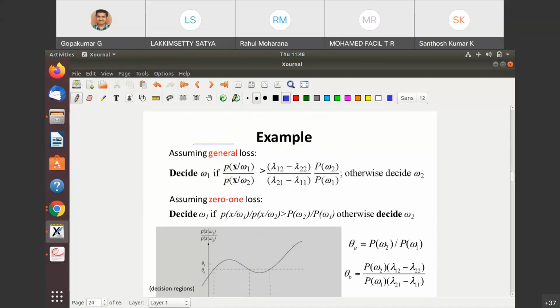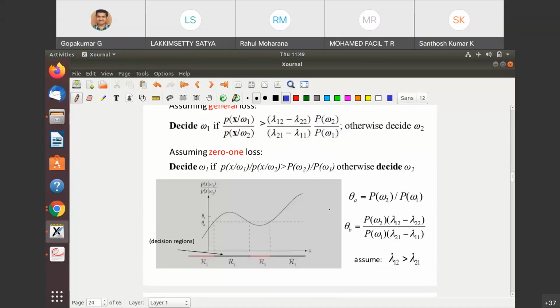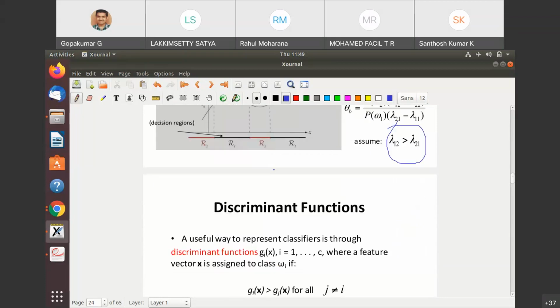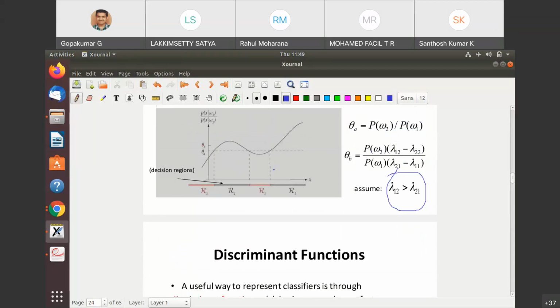No additional concepts or studies are required, just finding out the probability values, defining the loss functions, and then deciding. So that is in general about the Bayesian decision rule.